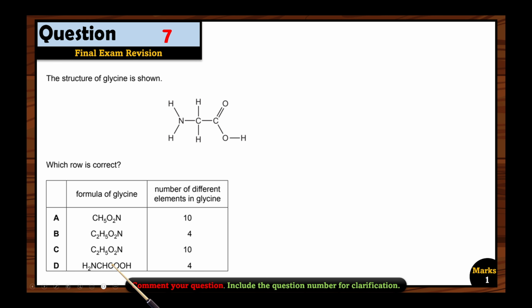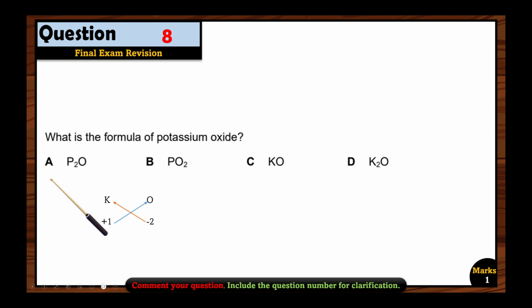What is the formula of potassium oxide? Now let's see where potassium belongs. First of all, potassium doesn't have this symbol. It has the K symbol. So C or D option can be right. Now potassium, if you see in the periodic table, belongs to group 1. Okay, so it has +1 charge. And oxygen, of course, belongs to group 6.